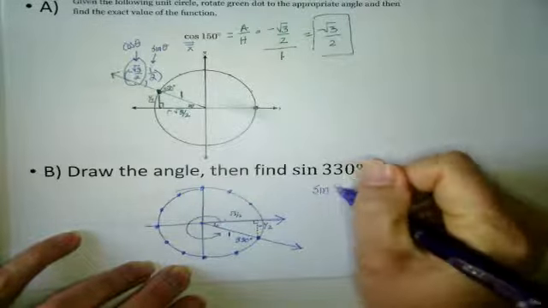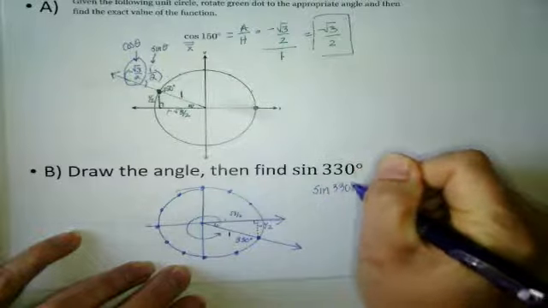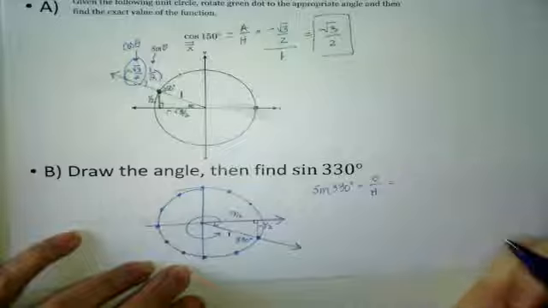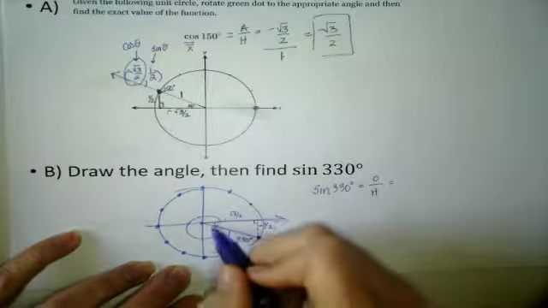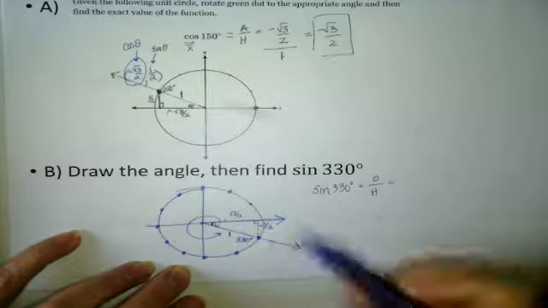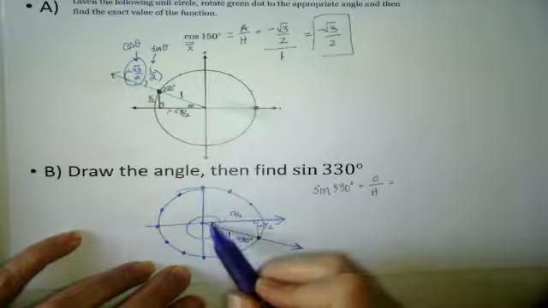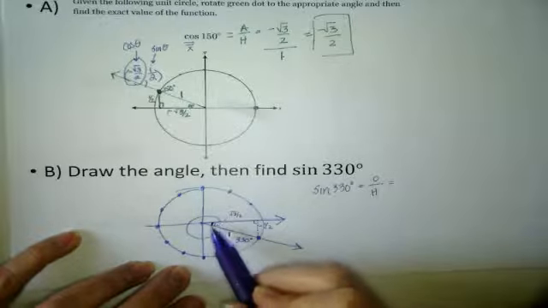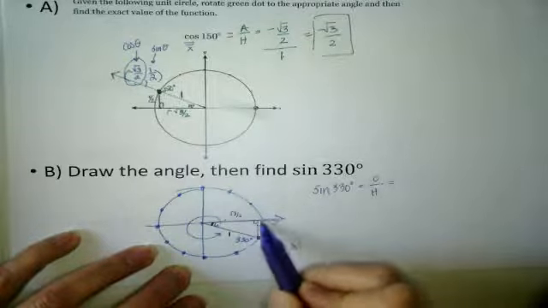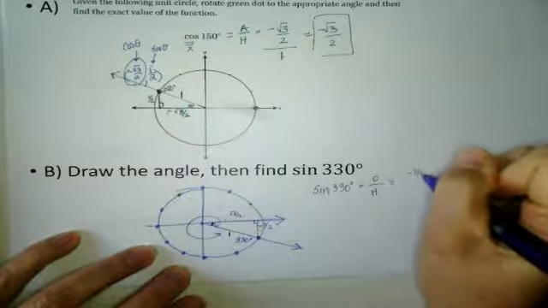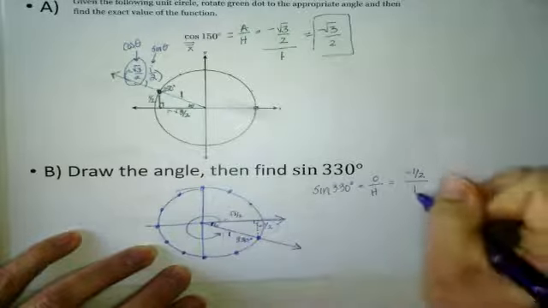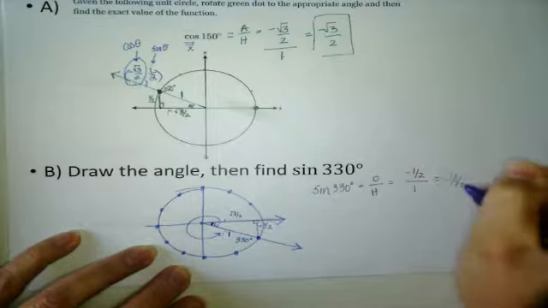So if I want to find the sine of 330 degrees, well, that would be opposite over hypotenuse. So we use the little reference triangle here. That's the triangle that you see. And you always use the angle closest to the origin. So the opposite side would be this negative 1/2 divided by the hypotenuse of 1. So that just equals negative 1/2.